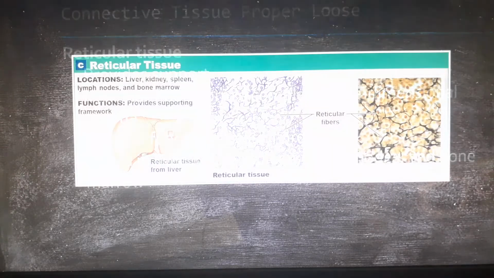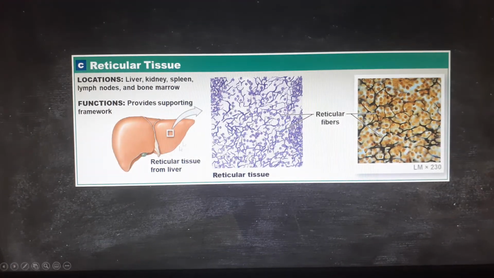Now this one's really cool looking. This is a little bit from the liver. To me, it kind of looks like a grapevine with individual little grapes hanging on it. So the fibers would be the vine part, and then these would be cells that are hanging out, the fibrocytes. So you can see how this would be a really good filter for catching things.